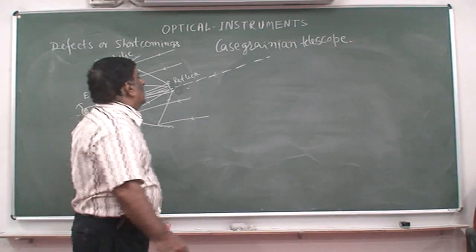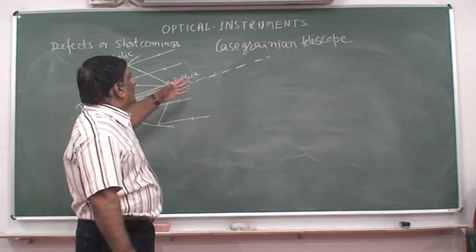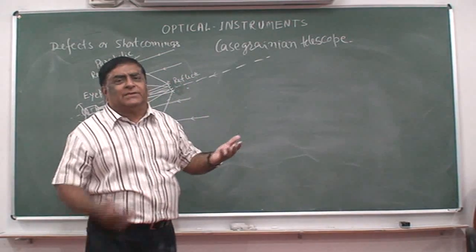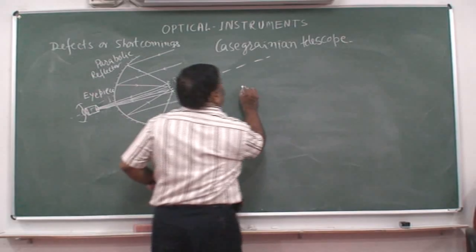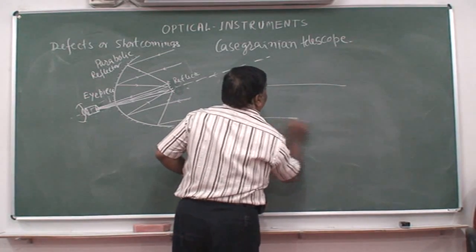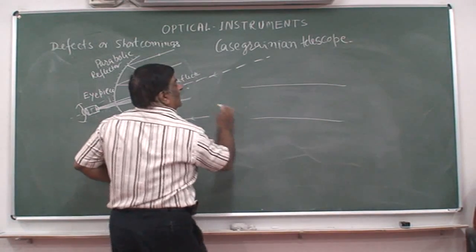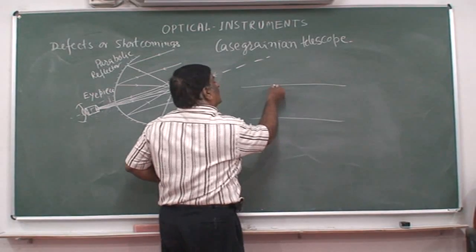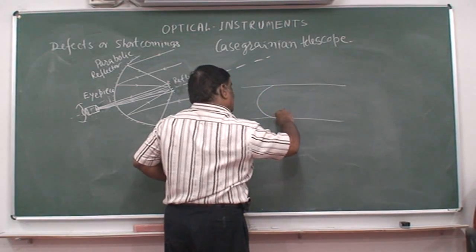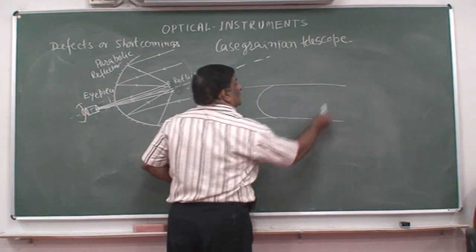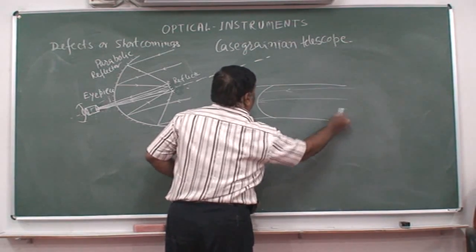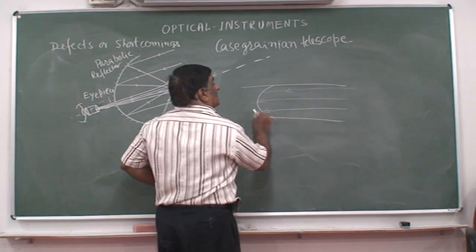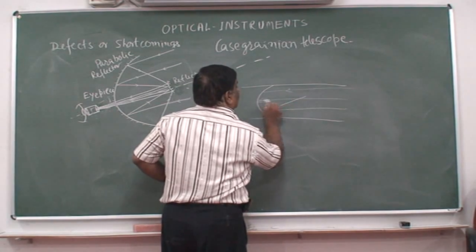Okay, so now Newton also made his own telescope on the same principle. It was like this, that in a tube, here he will put one reflector. This is a parabolic reflector. The light is coming from this direction. It is reflected.